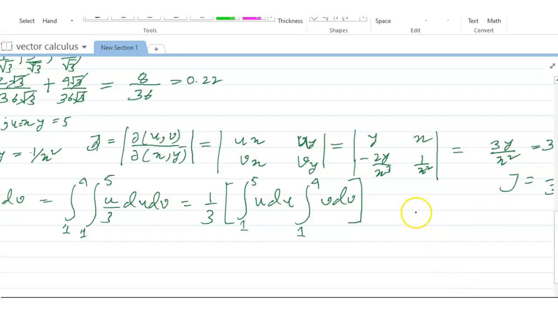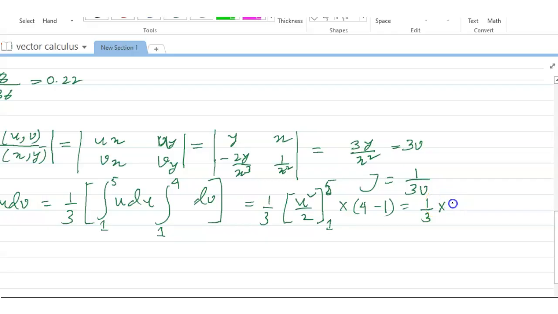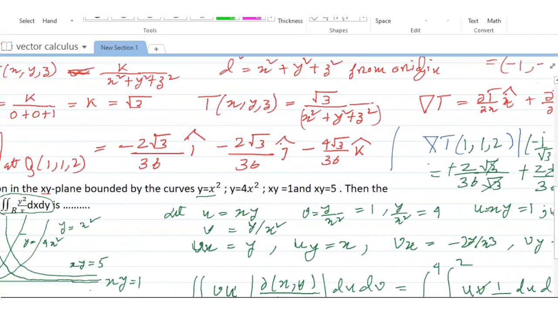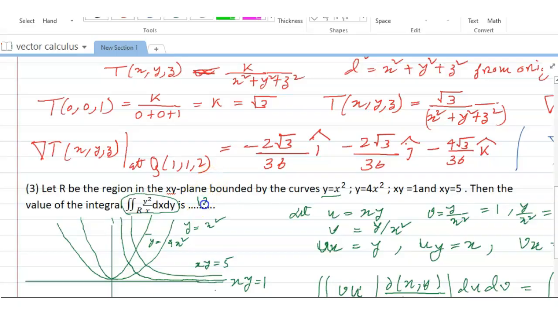This is the double integral, and we get 1 by 3 into u square by 2 from 1 to 5, into v from 1 to 4, which is 12 into 3 divided by 3. That value is 12. So my value is 12.